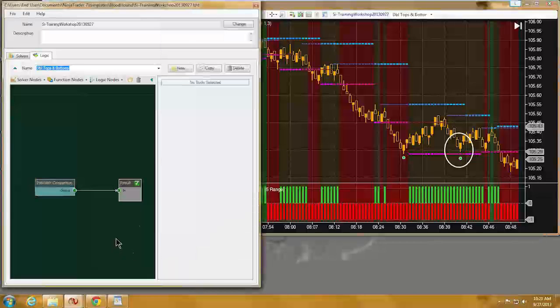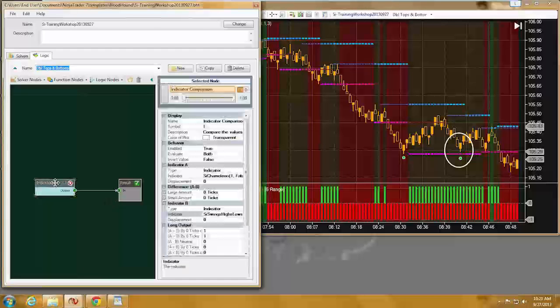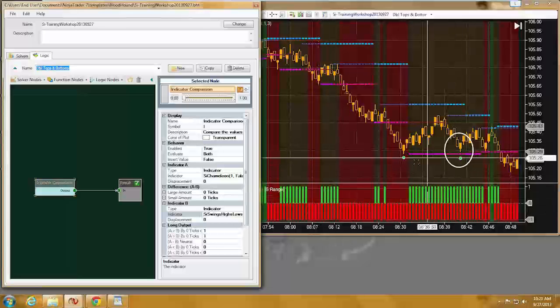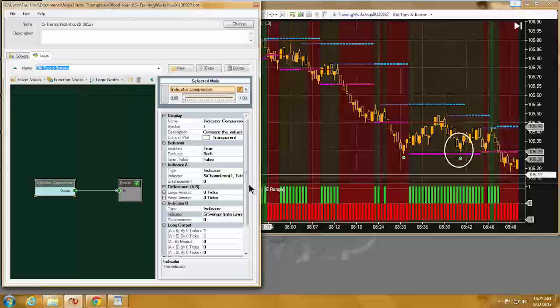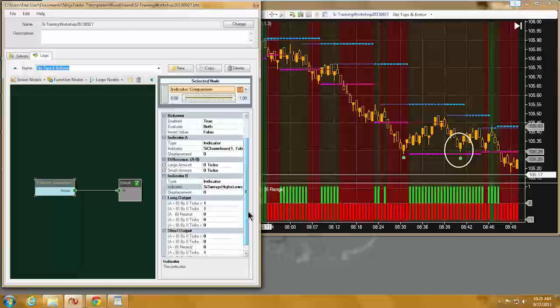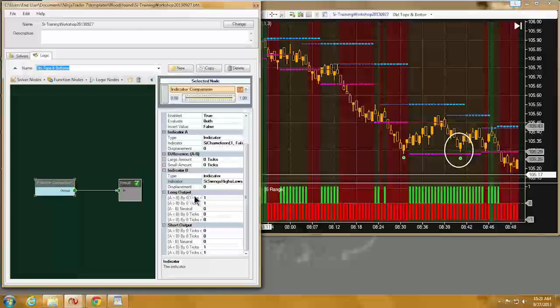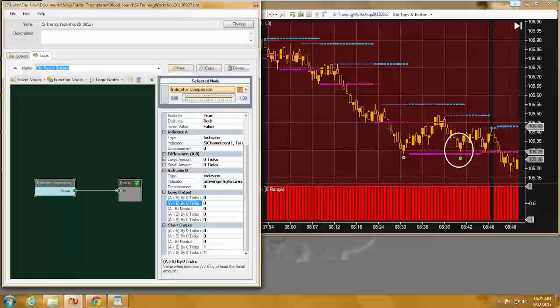All right, so you'll notice that we're just getting long and short signals all over the place, and that's because I need to set up my outputs correctly. So I'm first just going to clear out all the outputs.